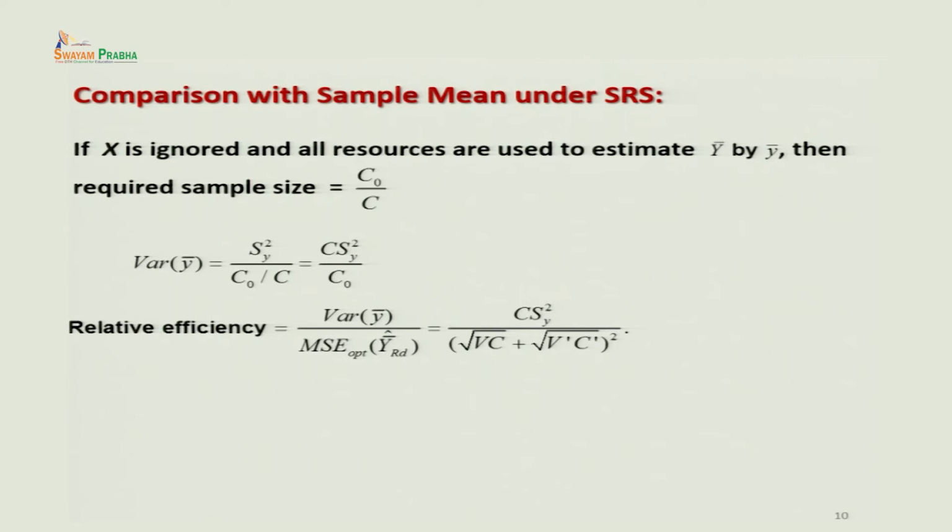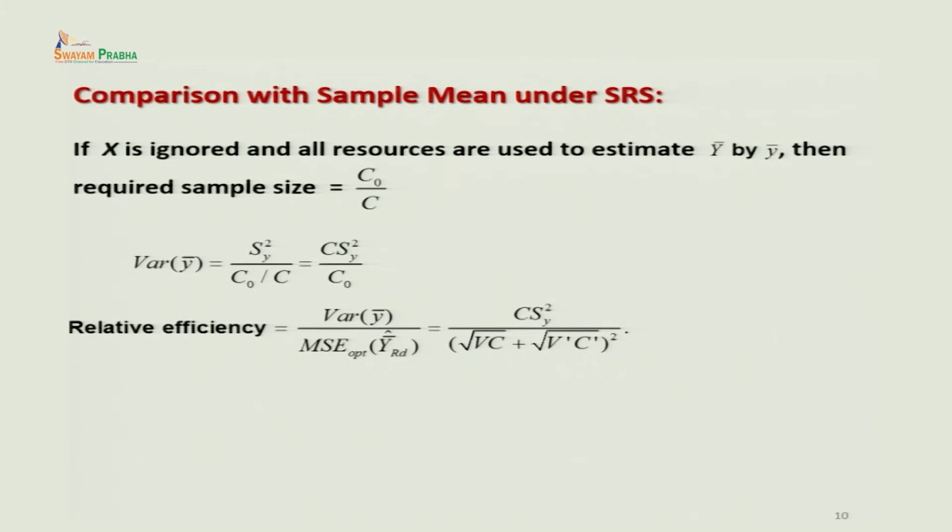But if somebody wants to use double sampling, then the person has to draw a sample of size small n prime, estimate capital X bar, and construct the ratio estimator under the double sampling. So, definitely I would like to compare the variance of the arithmetic mean obtained by simple random sampling and the MSE of the ratio estimator obtained in double sampling.